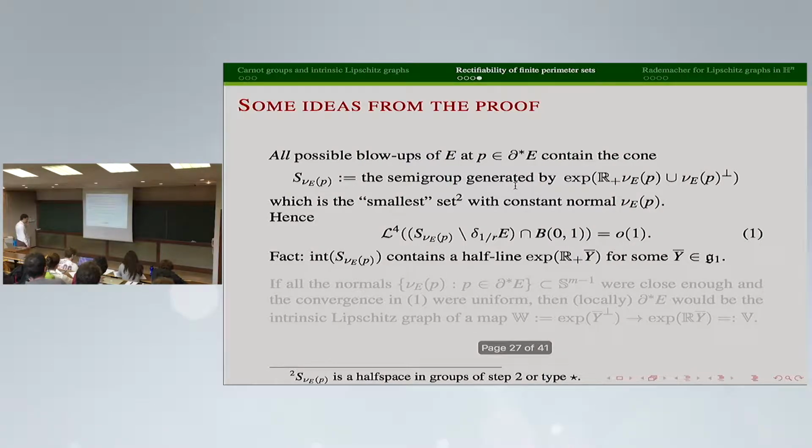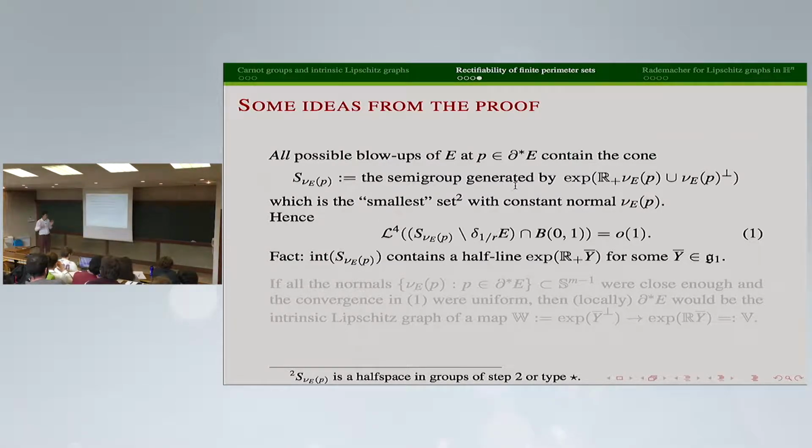Now, our assumption implies the following, so here you have to believe me. The semi-group contains in its interior a horizontal half line associated to some horizontal direction y bar, which, fun fact, might be different from the normal, from the direction you were fixing at the beginning.